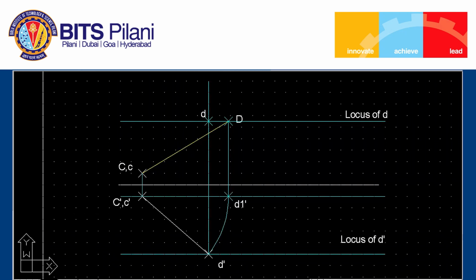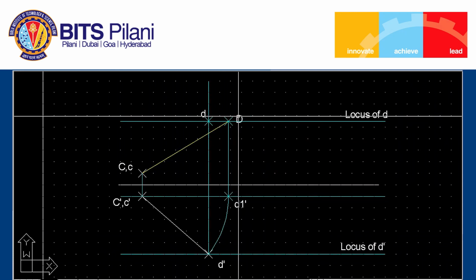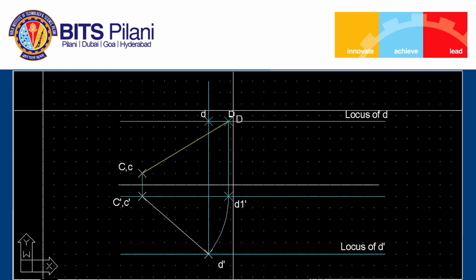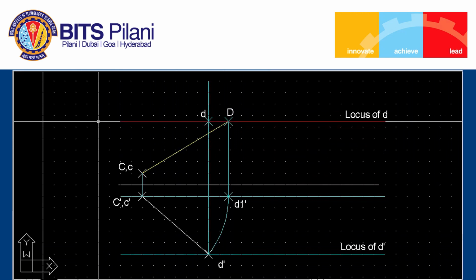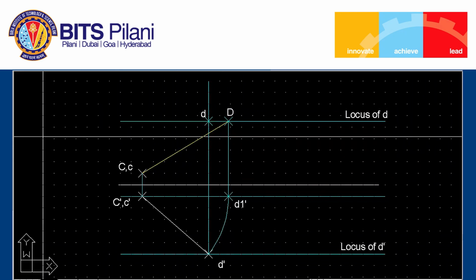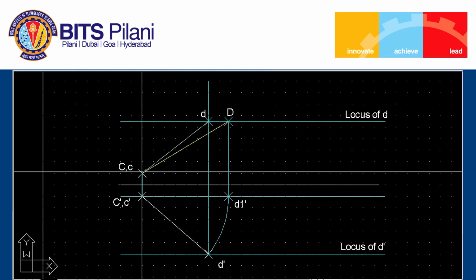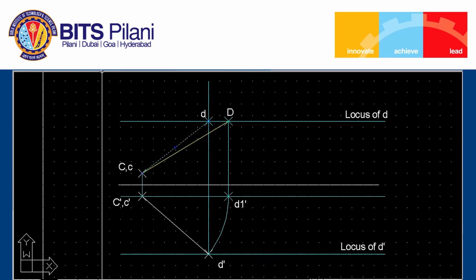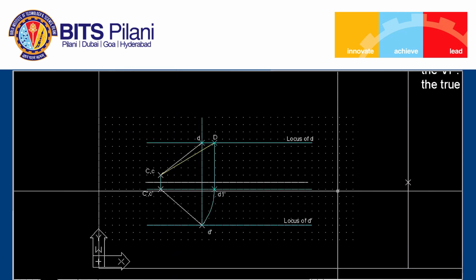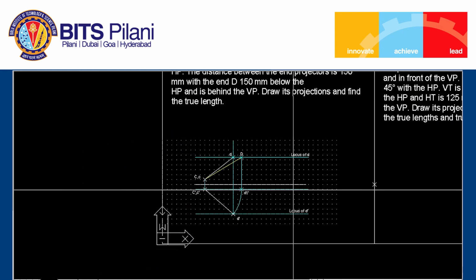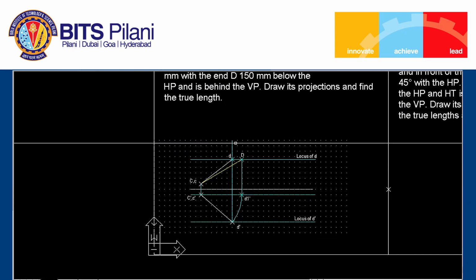Okay. And the projections with the bilayer color. So these are the projections what we obtained, and we have been asked to determine the true length of the line.